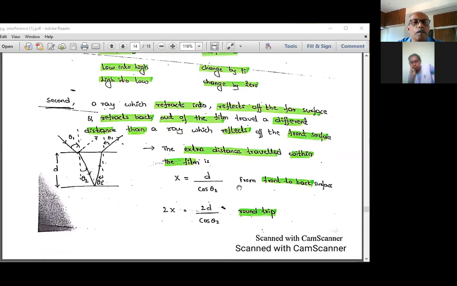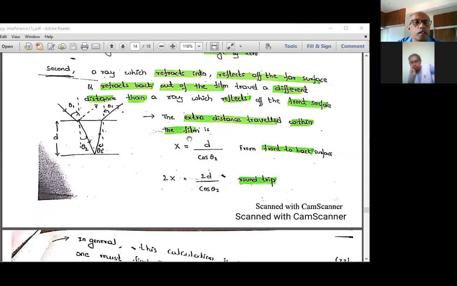Second condition, second factor: a ray which refracts into the medium and reflects off from the second surface, and refracts back into the original medium. This one, we call the E-ray. A ray incident on the film gets refracted into the medium.